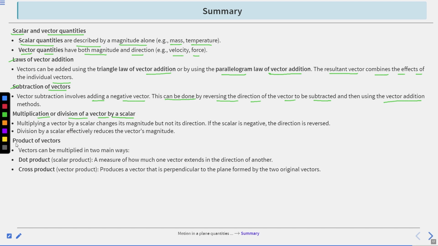And next is the product of vectors, where vectors can be multiplied in two main ways: dot product and cross product. The dot product is a measure of how much one vector extends in the direction of another, whereas the cross product produces a vector that is perpendicular to the plane formed by the two original vectors.